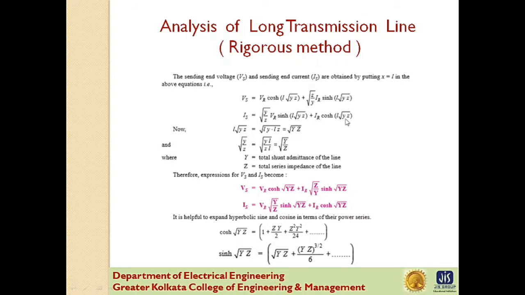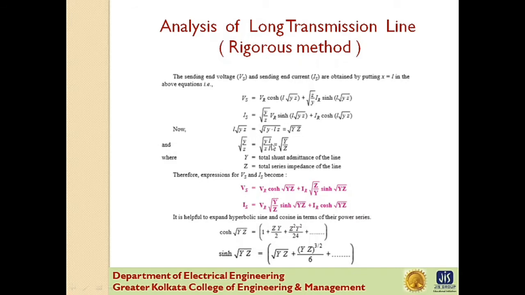Now this term L root over y by z can be written as root over Ly into Lz. So Ly is equal to the total admittance, that is capital Y, and L into z is the total impedance, that is capital Z. And root over y by z is written as root over yL by zL, so this is equal to capital Y, and this is equal to capital Z.